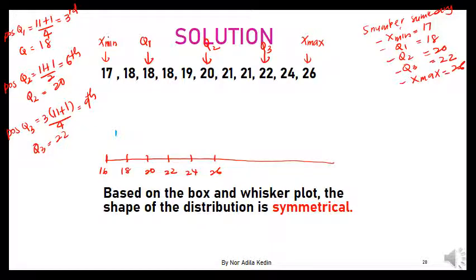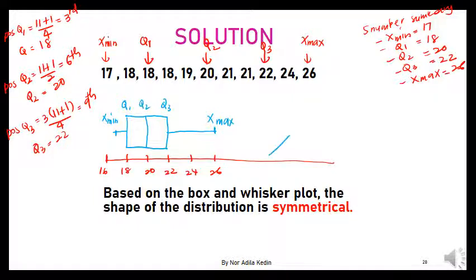First quartile, 18. Second quartile, 20. Third quartile, 22. And your X maximum, 26. So, boxkan you punya quartiles. And this is the whisker. Please use your ruler and label it. X minimum, Q1, Q2, Q3, X max.